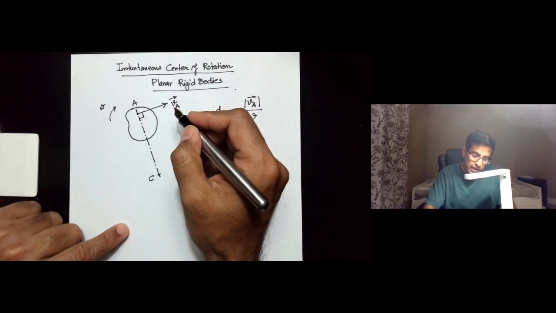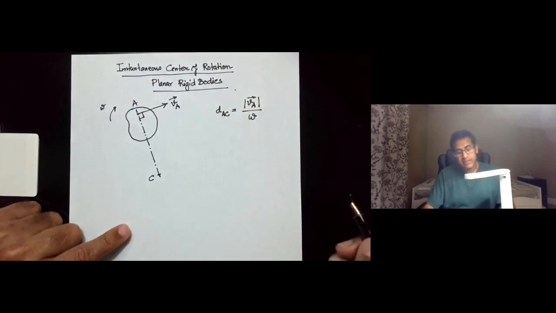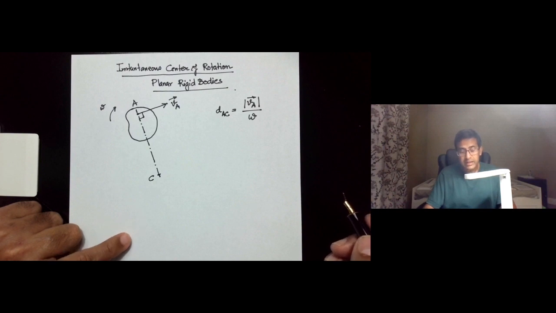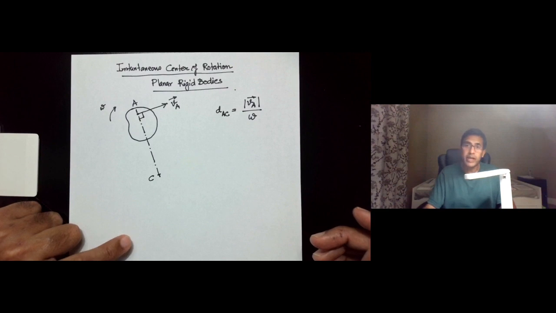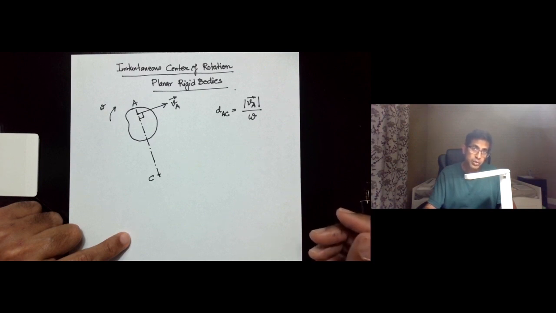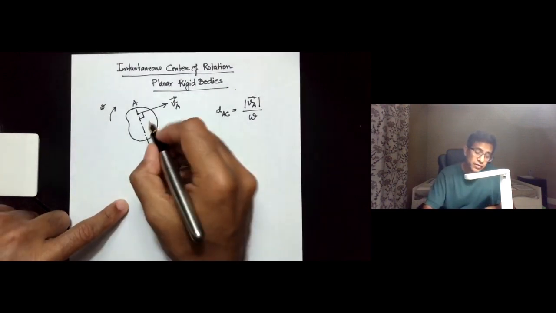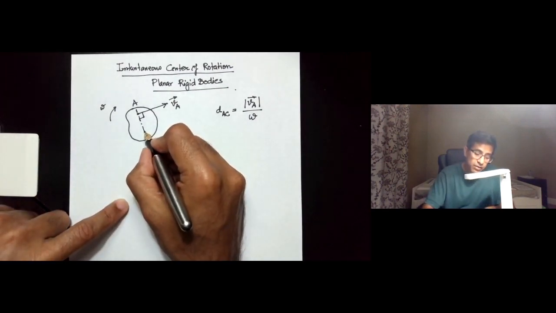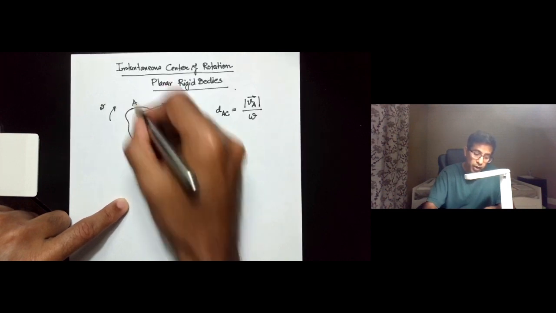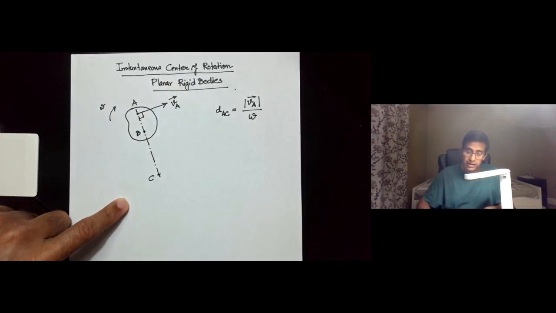Now, one question that arises is that since we have discussed that the instantaneous center can be found out by looking at the velocities of 2 points on a rigid body and drawing lines perpendicular to the two velocity vectors, what happens if you, let's say, choose the second point B to be a point on this perpendicular line?